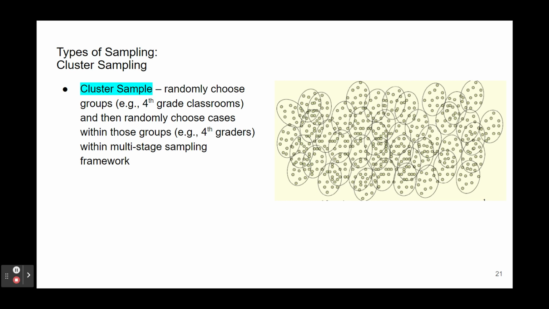For example, in a school district, you randomly select schools; you are not visiting every school. Say I have 50 schools and I only select 10 of them. You randomly select the schools and then do the data analysis for each selected school. Do you understand the differences between stratified sampling and cluster sampling?